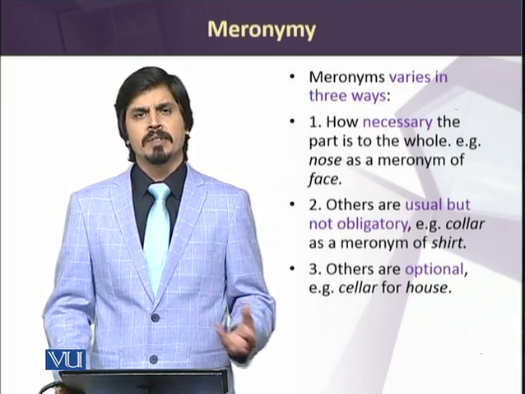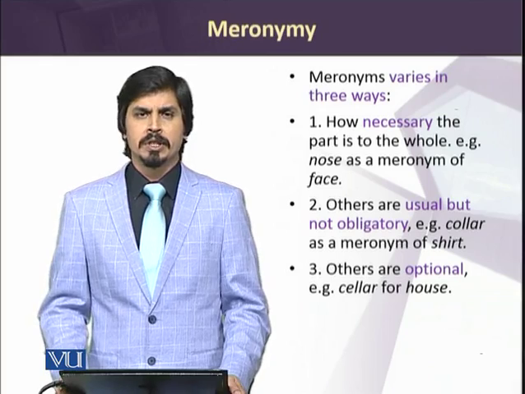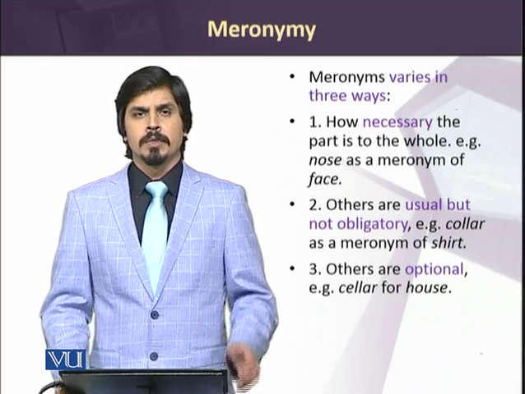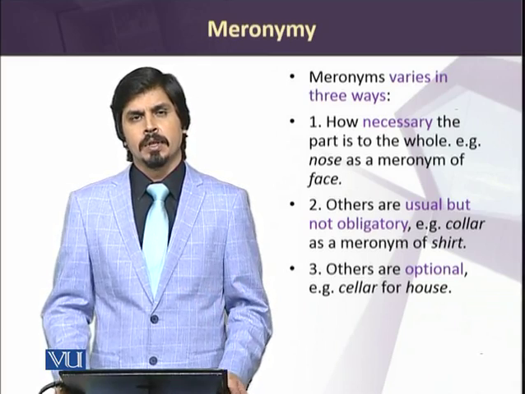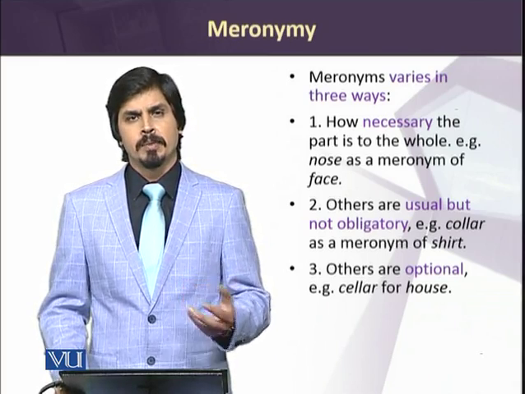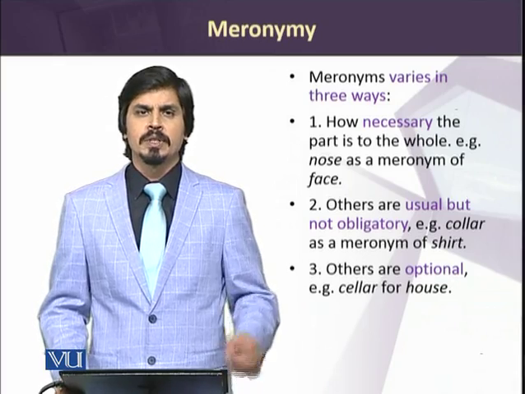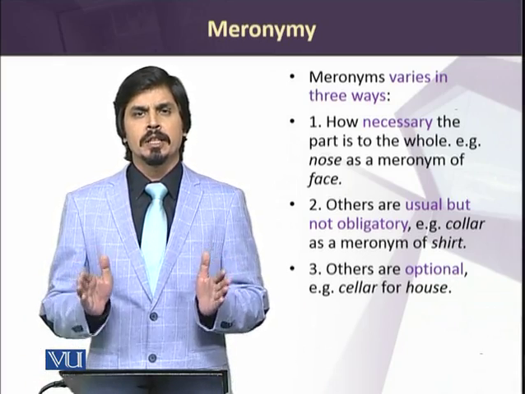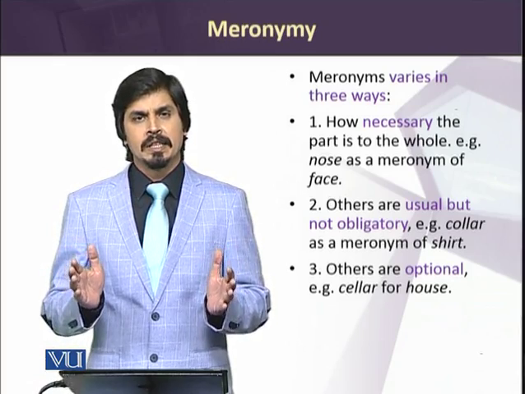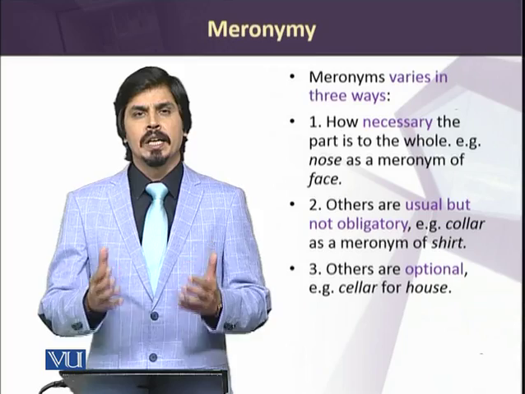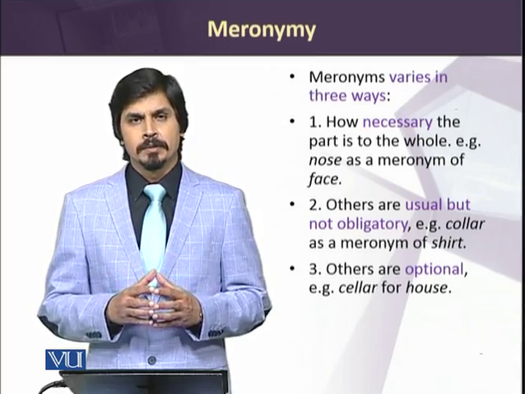A house may have a cellar, but in most of situations it may not have. So if needed, a house might have cellar in certain atmospheric or environmental conditions, but it may not always have a cellar. So we can say there are only few relationships between words which are necessarily meronymic, and the others may be less meronymic.